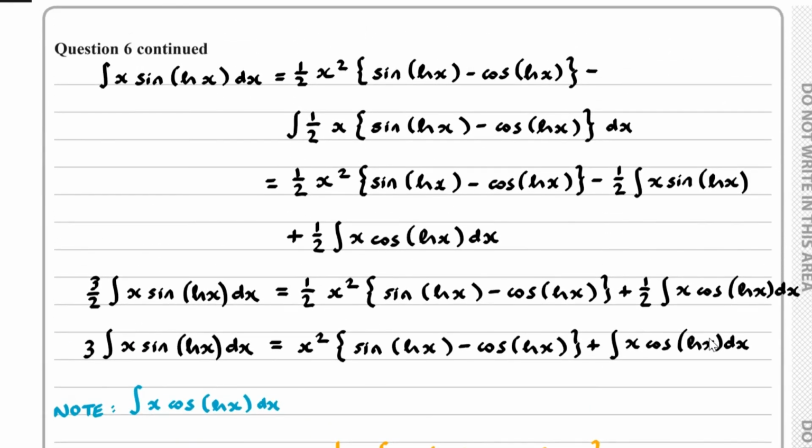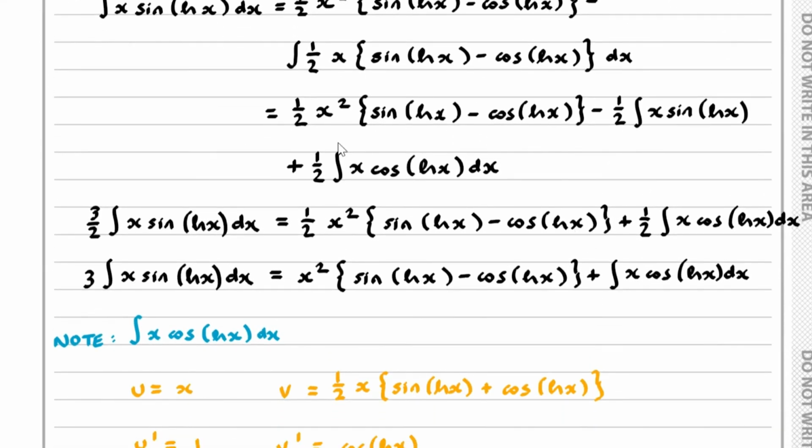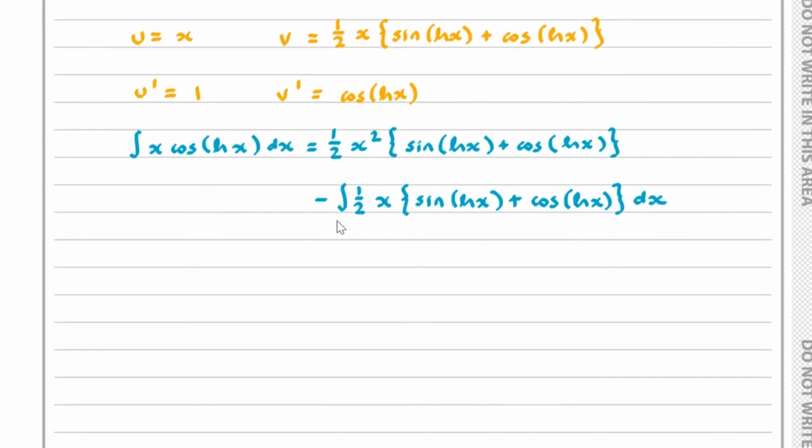So if we were to integrate this, well, what we can do is expand out to begin with.